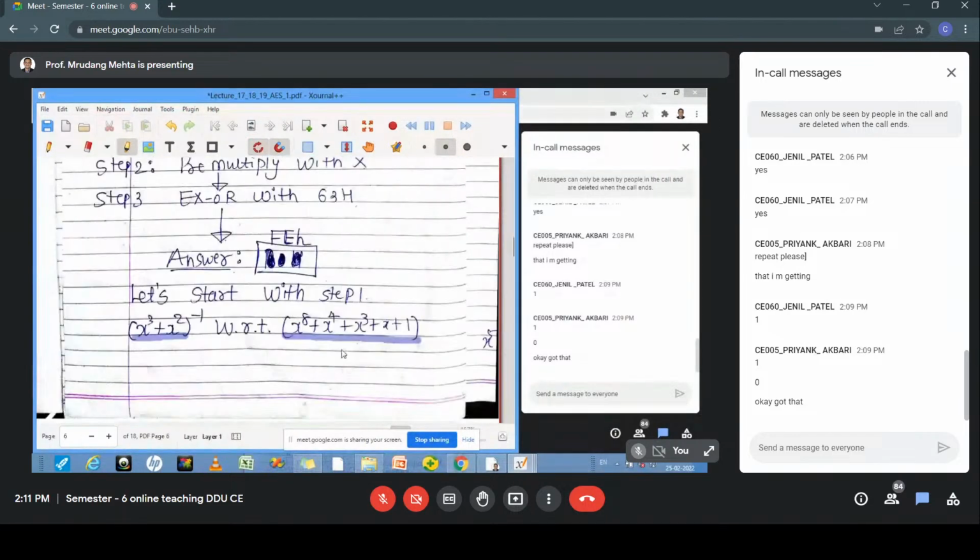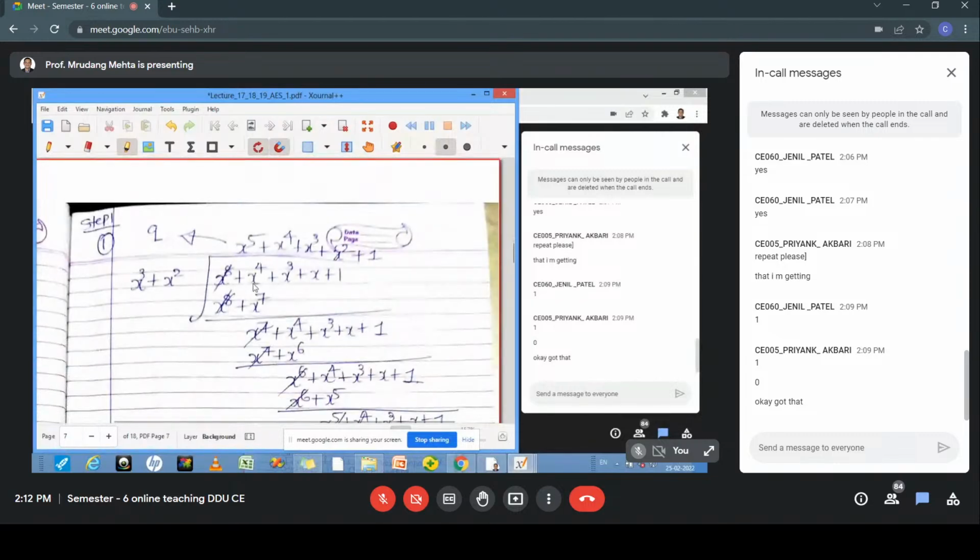So how to find it? Again, the same method as I discussed in the beginning. X raised to 5's inverse, how did you find it? So this divided by x raised to 5. Similarly, this divided by x cube plus x square. So that is the first step. To perform this operation, I multiply this x cube plus x square by x5.